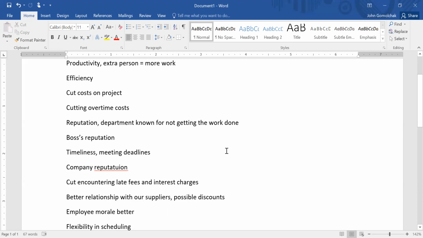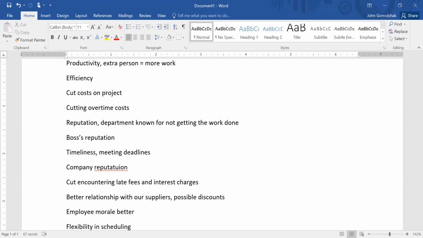Next paragraph. You do realize, of course, that we as a department are known as the department that has difficulty completing their assigned tasks. That poor reputation for the department is also reflected on management and the employees in the department.